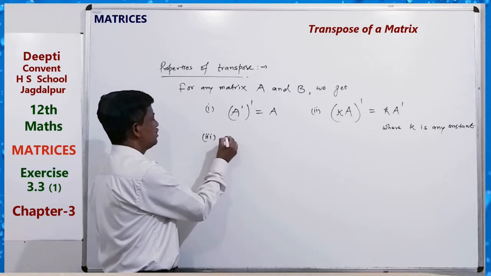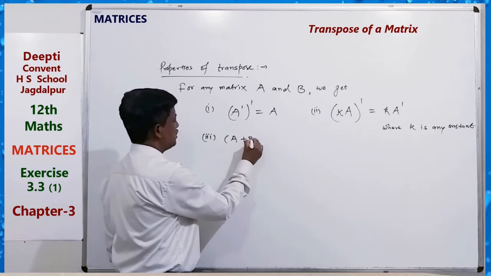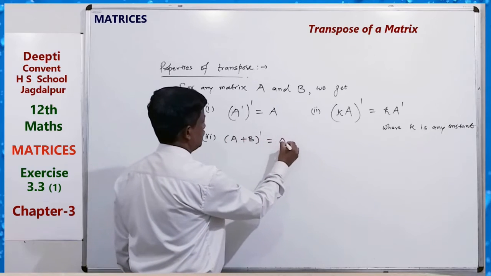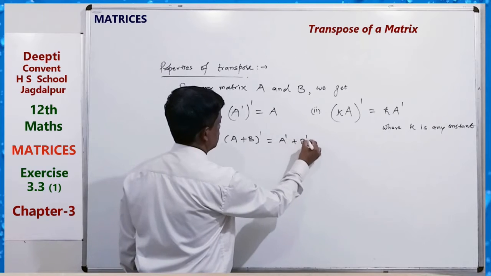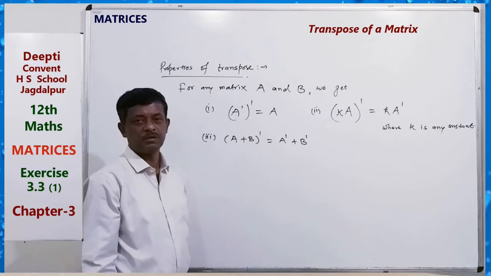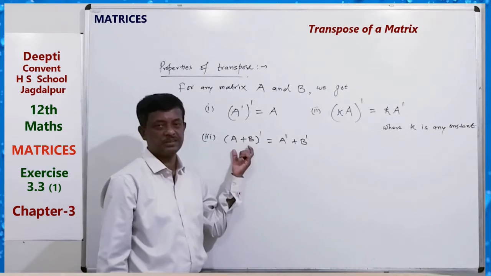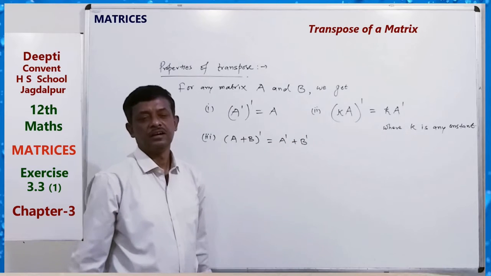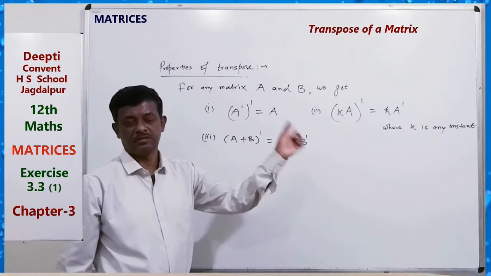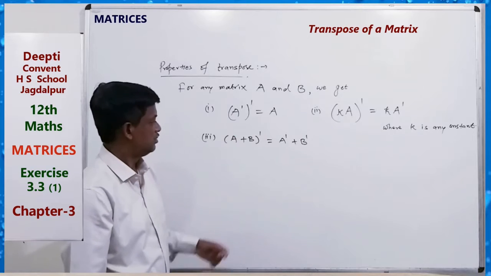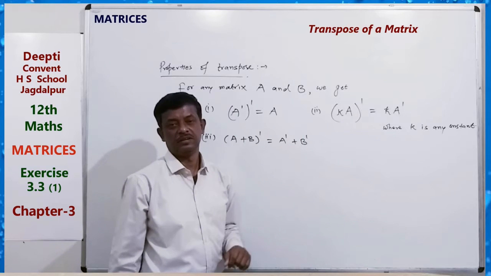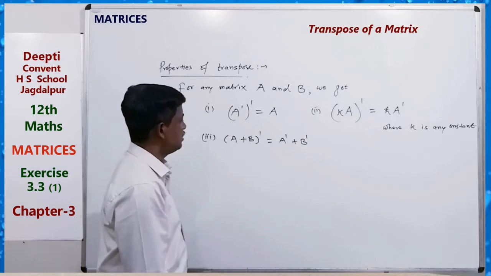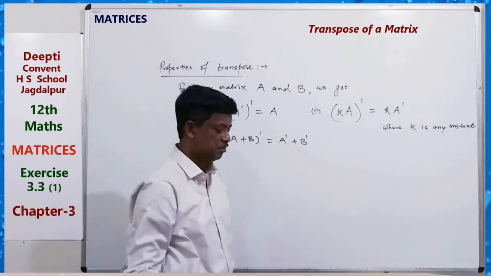Third property: if A plus B dash, then A dash plus B dash. This means the transpose of the sum of two matrices is the addition of the transposes of them separately. Similarly, plus or minus both.